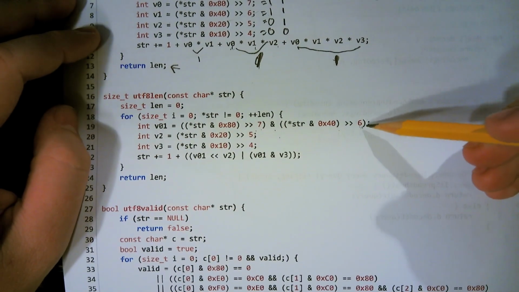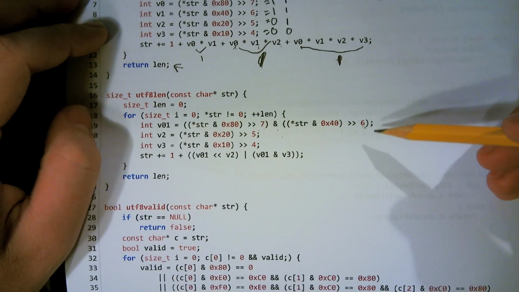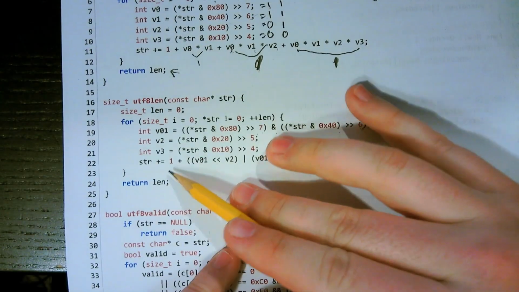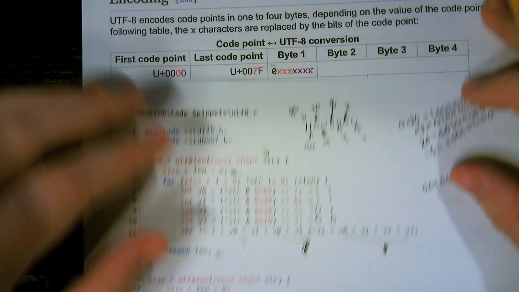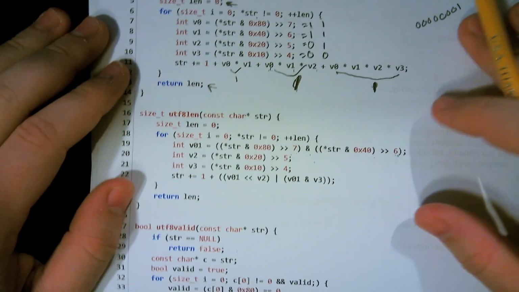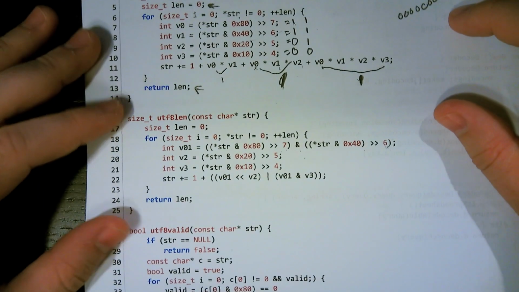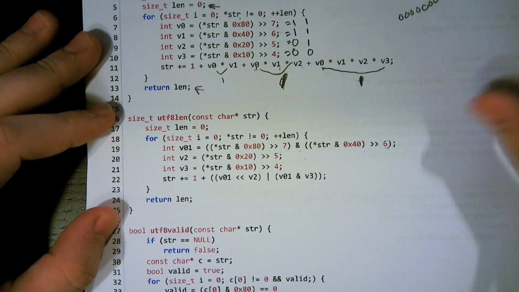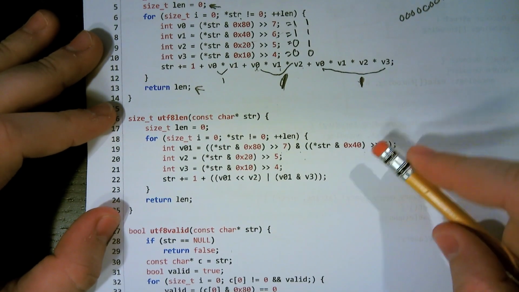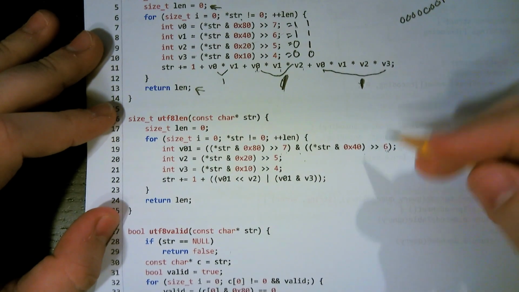So this would produce a 0 in the error case as well, which is fine because we actually have a separate function for validating UTF-8 down here. So I don't like to mix validating and processing in the same function if I don't have to. So we run through like everything's normal in both of these cases.